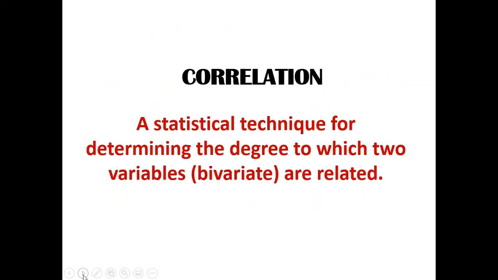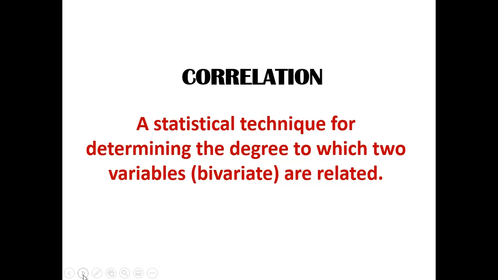What do we mean by correlation? When we speak of correlation, this is a statistical technique for determining the degree to which two variables are related. We usually call the two variables bivariate data, from the prefix bi, which means two variables.